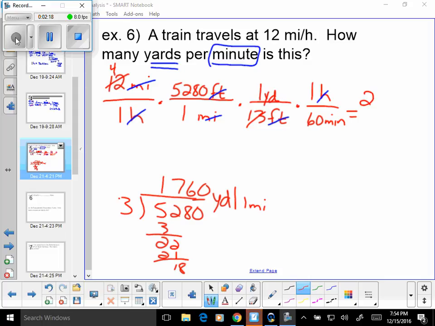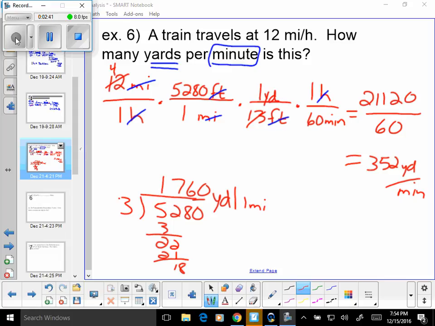Or you can do the multiplication method. You're going to get 21,120 over 60 if you don't cancel. And that's going to be 352 yards per minute. Hopefully that's an answer that you got as well.